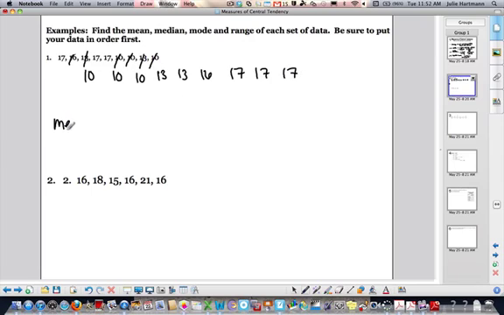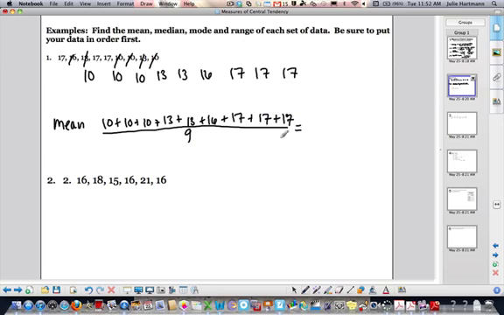So the mean, you add them all up. 10 plus 10 plus 10 plus 13 plus 13 plus 16 plus 17 plus 17 plus 17. And we're going to divide that by 1, 2, 3, 4, 5, 6, 7, 8, 9.